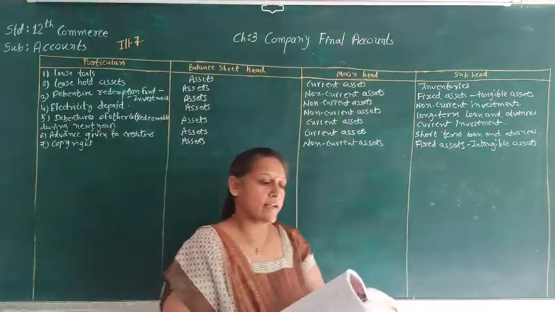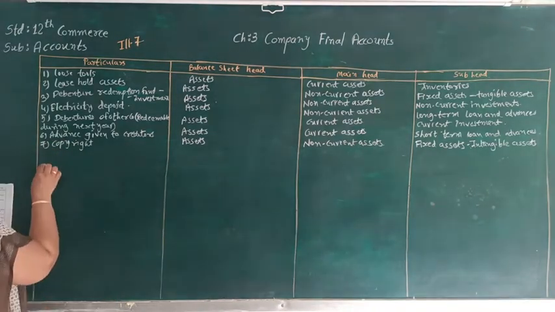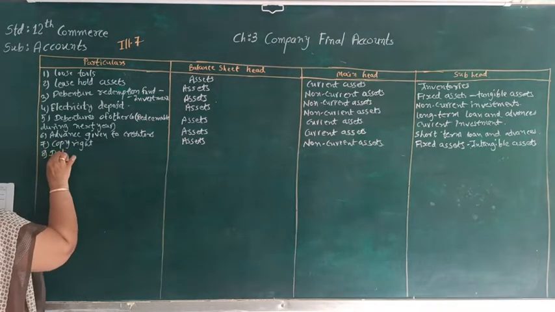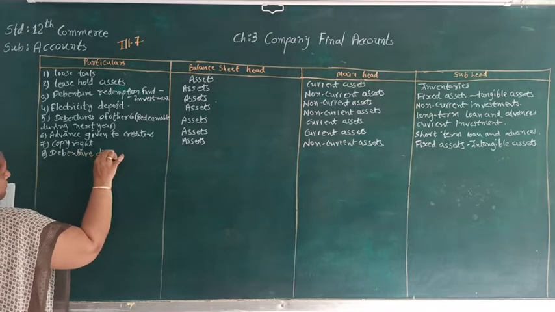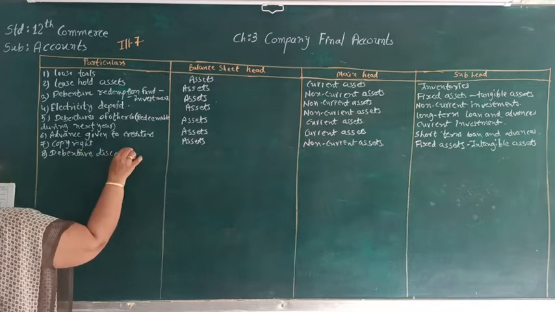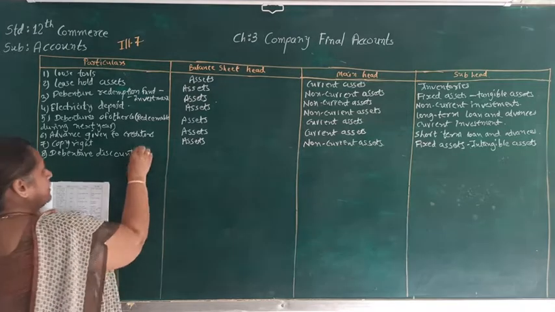Let's see the next one, which is debenture discount. So here it is to be written off during the next year.